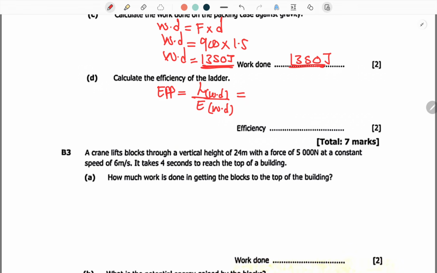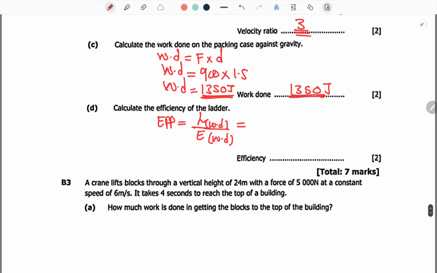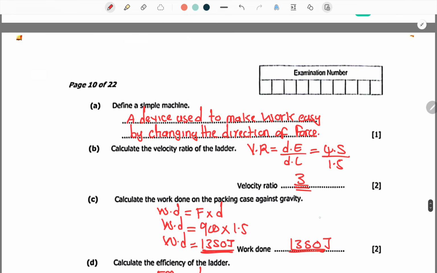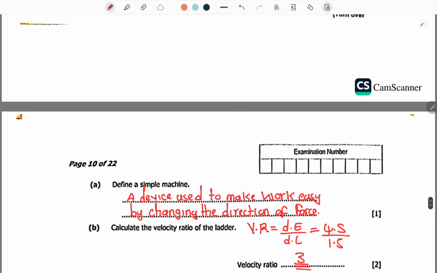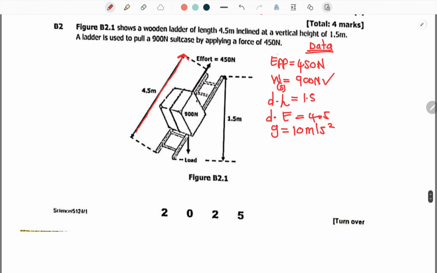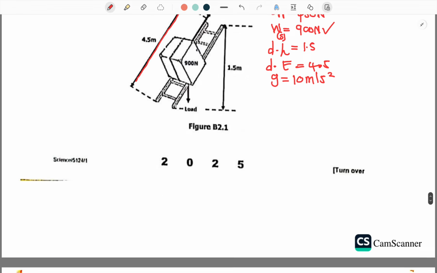So in this case, what do we have? Do we have work done by the effort? No, we don't have it. So let's try to calculate it. Work done by the effort is equal to, let's check, the effort was 450. It covered a distance of 4.5.